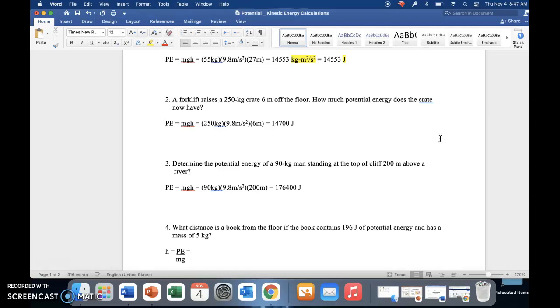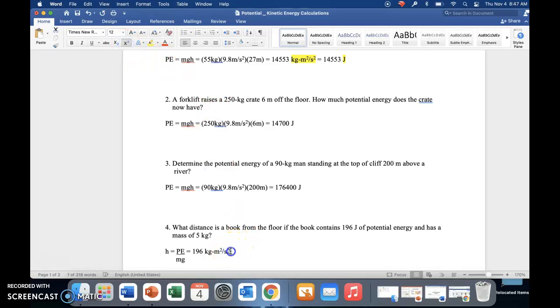In this case, we have a book that once lifted has 996 joules of potential energy. Now in this case, what you're going to have to remember is that a joule is equal to a kilogram meter squared per second squared. So we're actually going to have to use this in this particular problem to get our units to work out right.